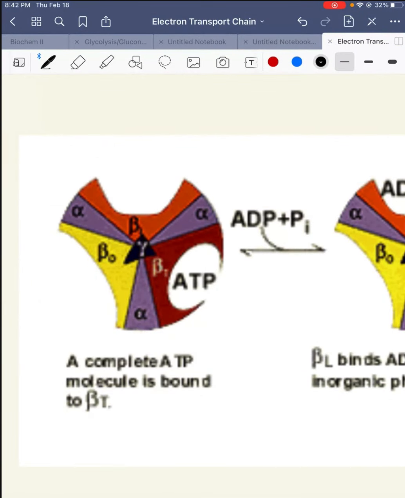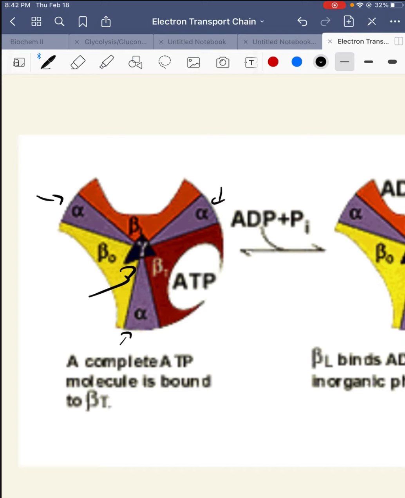We have B O, not B O, B O, B L and B T. Those are different states that the beta subunit can be. The one in the middle here is the gamma, and it's coordinated by the three alphas.